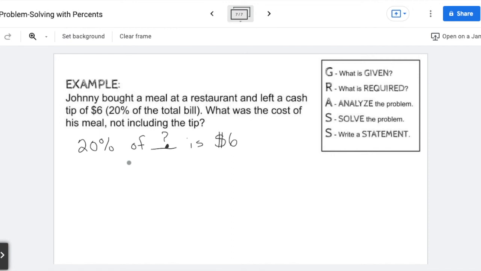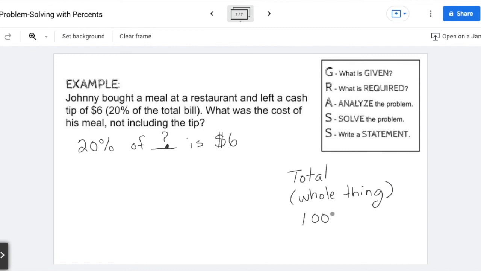If you remember, a total cost we can think of as one whole thing. And what percent would represent one whole thing?